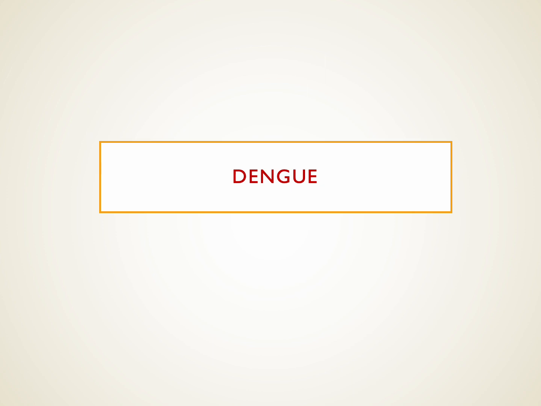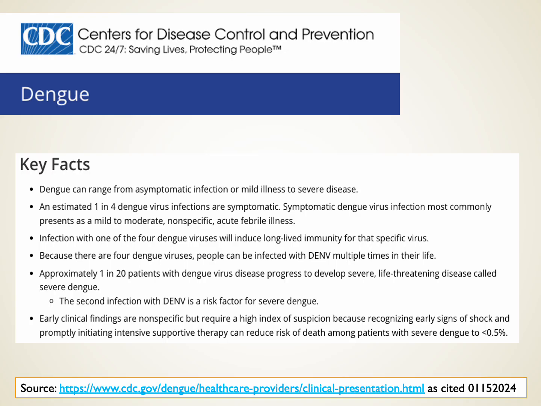Second is dengue fever. Dengue is not common in most of the continental United States, and this really falls into some of, I think it's Puerto Rico, maybe the Virgin Islands, maybe other territories in the United States. But dengue fever, generally asymptomatic to mild, but sometimes it can be quite severe.